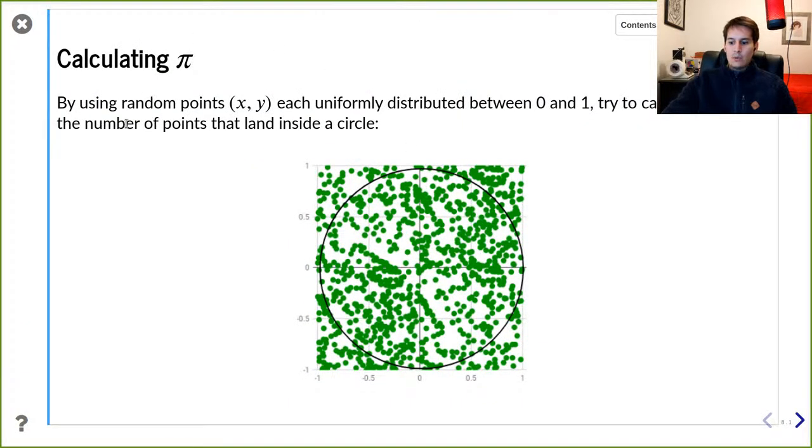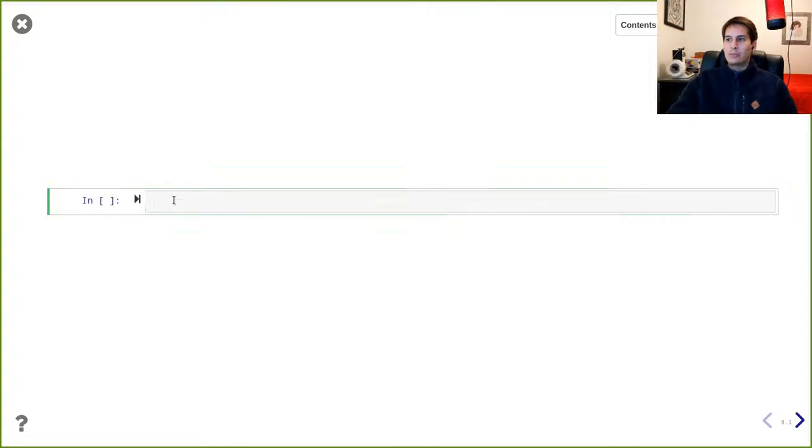And how can we program this? Do you remember which function we used to get a uniformly distributed number between 0 and 1? Doing import numpy as np and then np.random.rand.